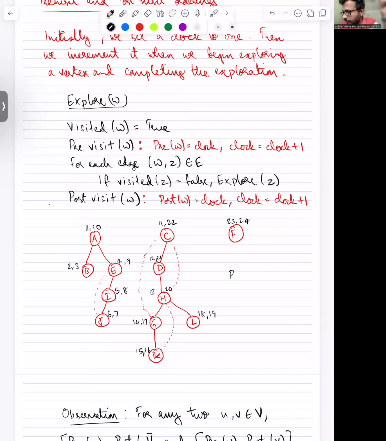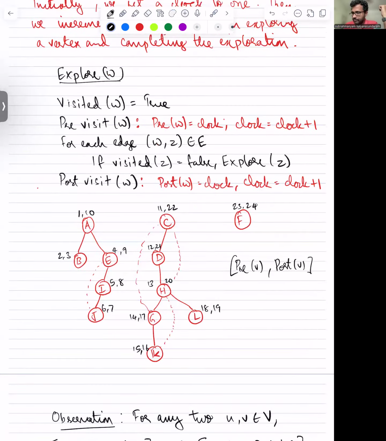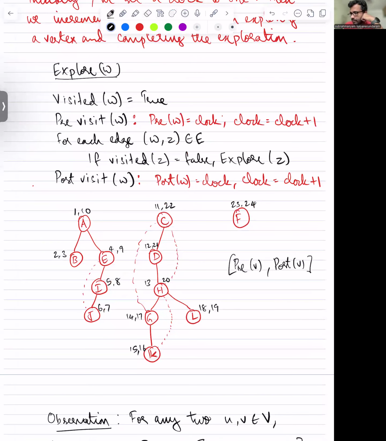If you look at the interval pre V to post V for each vertex, and compare the numbers for two different vertices, what are the possible ways in which they can relate to each other?